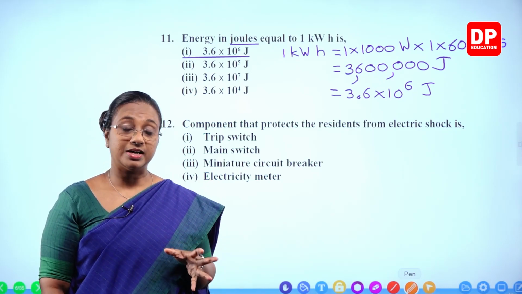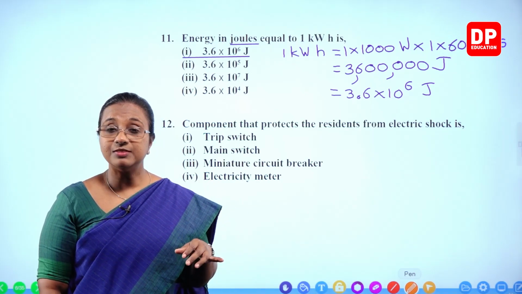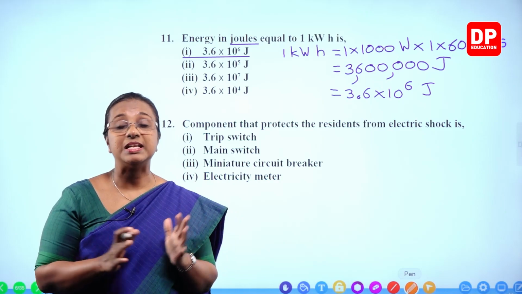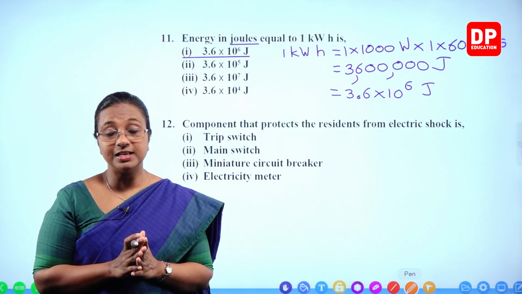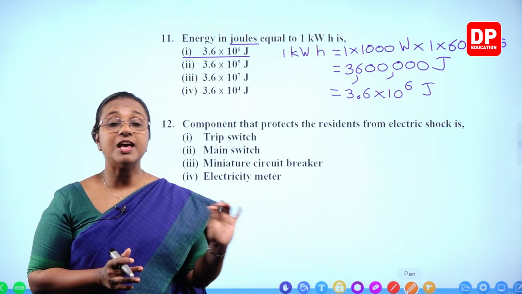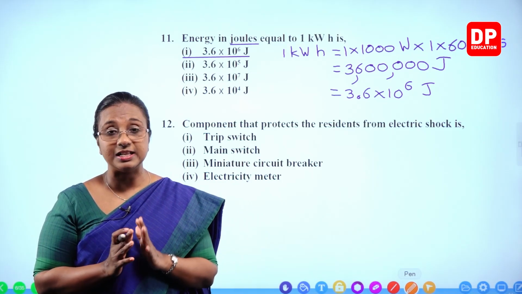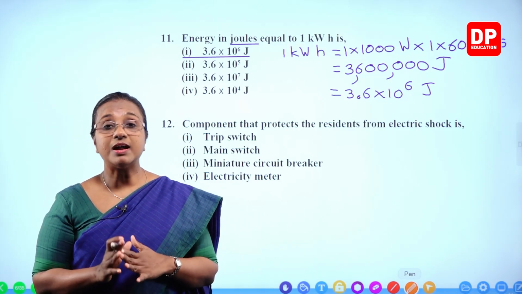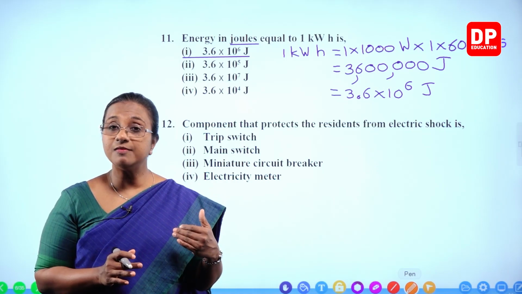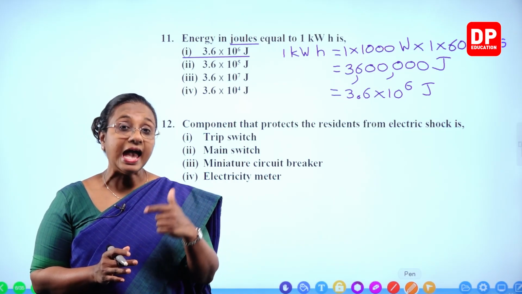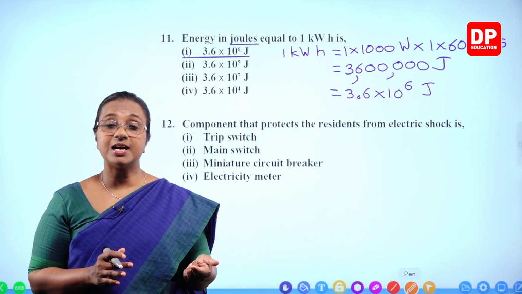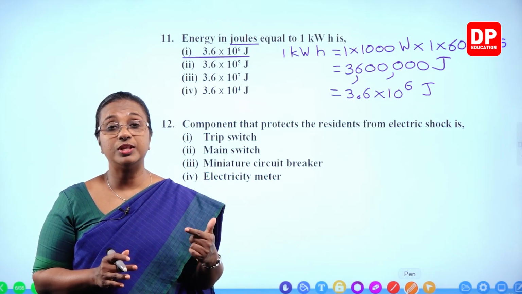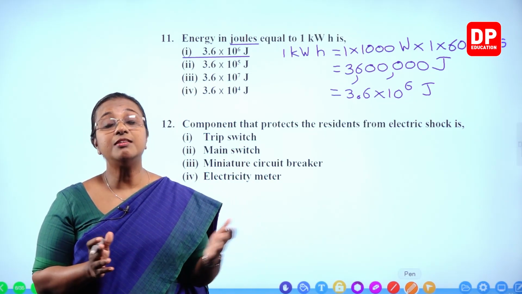So how does this function? Now there is an earth wire connected to the outer metal casing of the electrical appliances, and if there is a current leakage to the metal covering, what will happen is there will be a current flow through the earth wire, and due to electromagnetic induction, there will be a current flow through the wire connected to the trip switch.